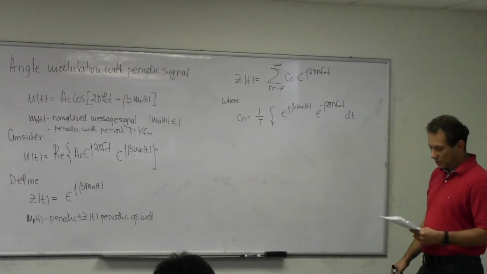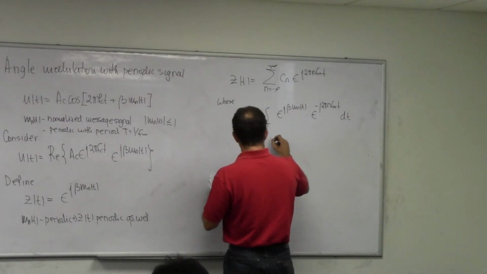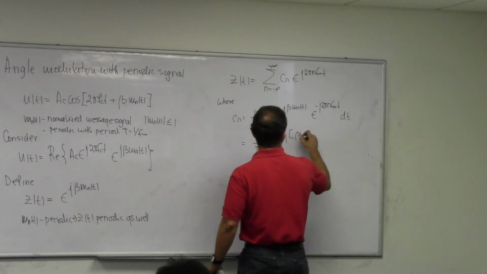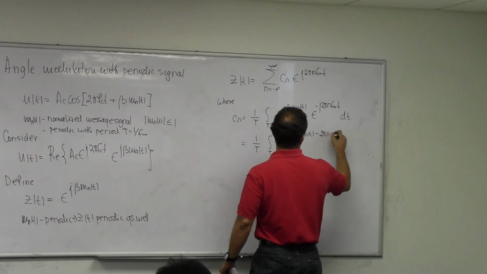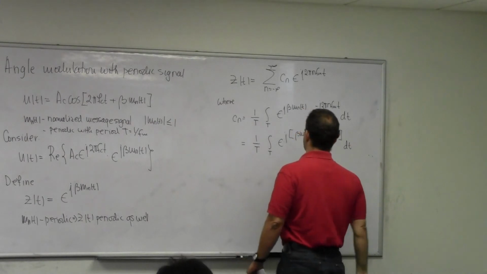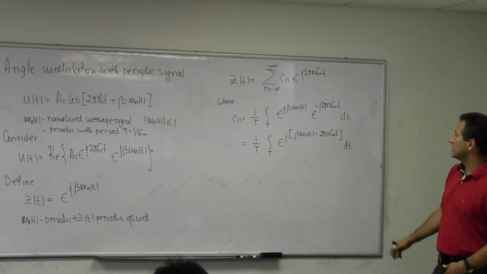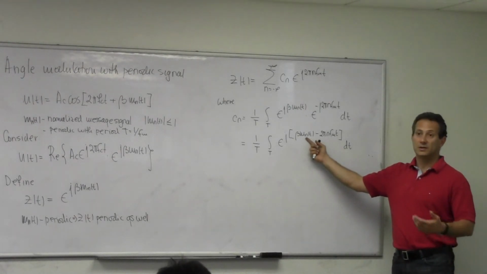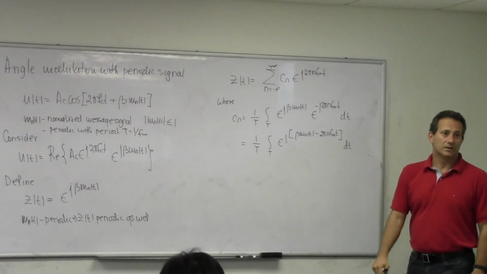I can put this into one integral, so this becomes 1 over T, integral over T of e to the j (beta mn of t minus 2 pi n fm t) dt. Now this integral, if I leave it like this, you cannot really evaluate it because you don't know what mn of t is. But once I know what mn of t is, then it's just another integral, right?